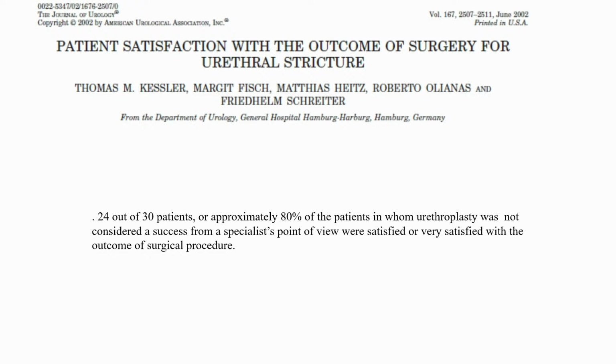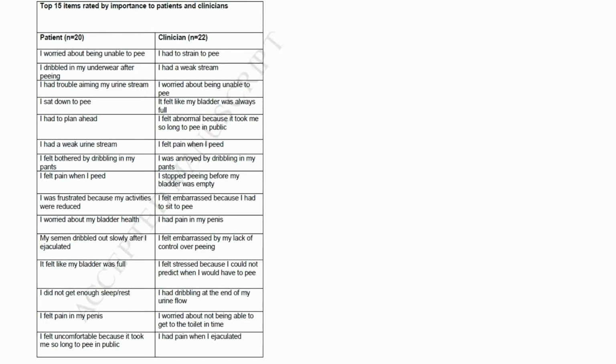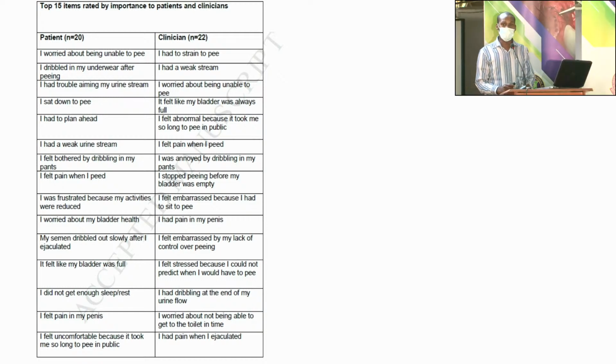And that brings about the question of what we call asymptomatic recurrence. What do we do with such patients? There was also another study done by Brea et al. in 2017. He actually asked clinicians who deal with urethral strictures, who reconstruct urethral surgeries, of 15 symptoms that they consider most important.